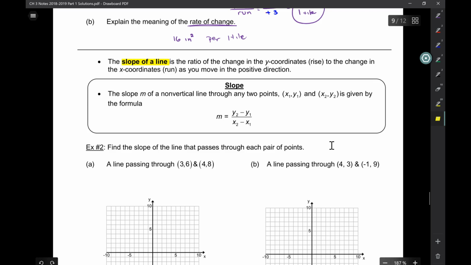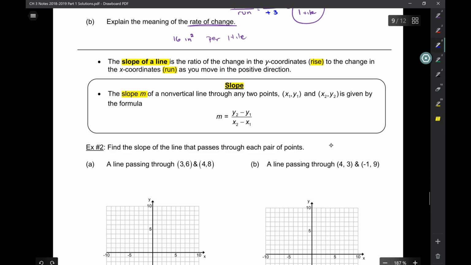The slope, we said, is the rise over the run. So the way you can find it is here. This is the formula. The slope m of a non-vertical line is this. So suppose you have 2 points, x1, y1.